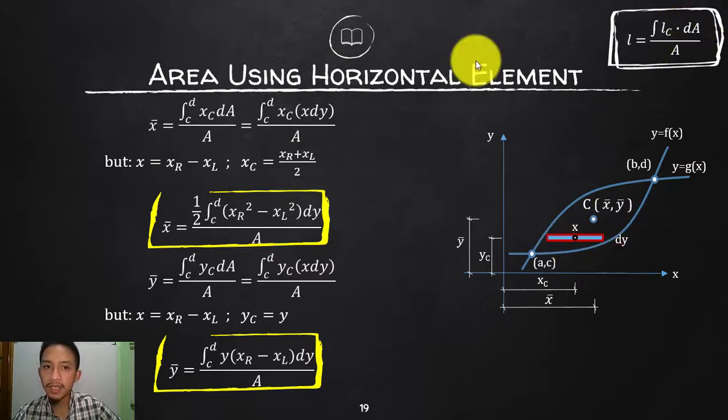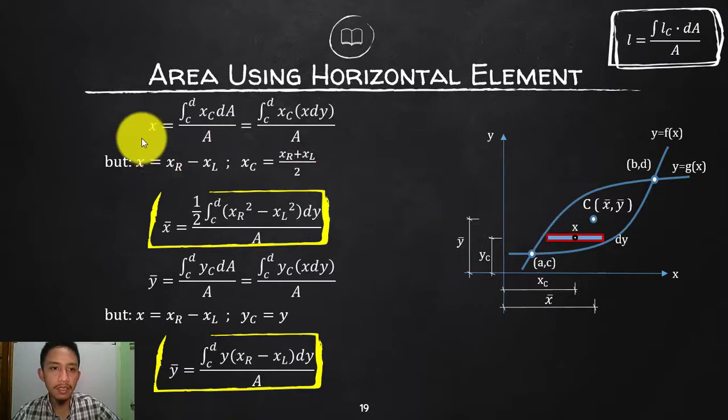Your dA will be x times dy. Your centroid of that, let's say that is x sub c. That is not the centroid of the total. The centroid of the total is your x bar and y bar. Since that is just the element, let's say x sub c and y sub c, the centroid of the element.